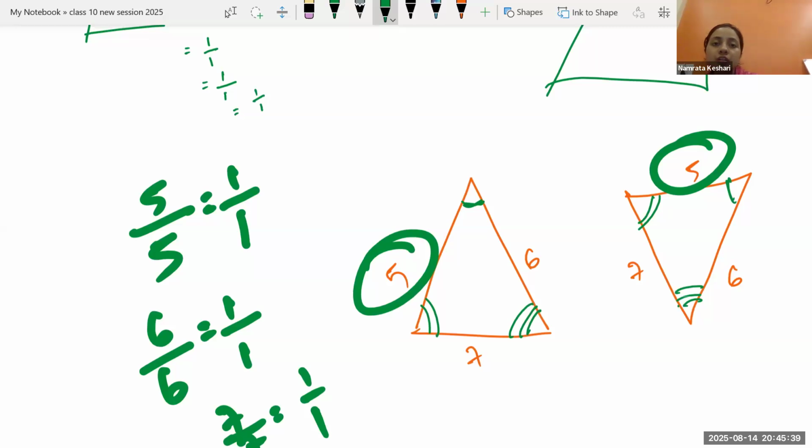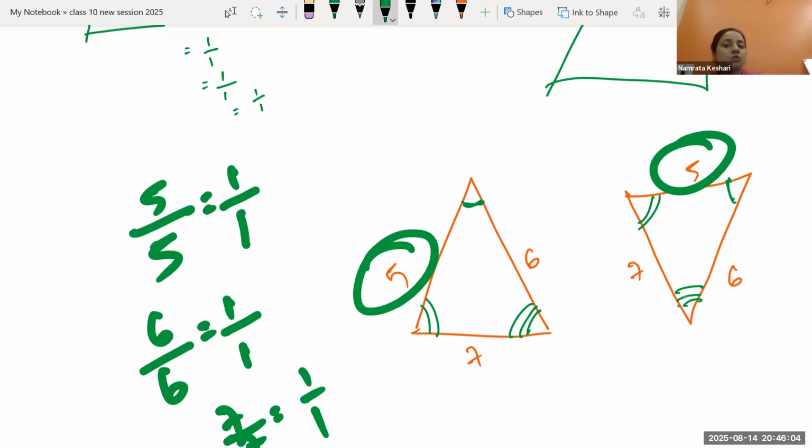These two figures are congruent figures. Why? Because one of the sides here and there are matching, the second side is matching, the third side is matching. The angle here and there are matching, the second angle matching, the third angle matching. Can you see these two figures are congruent? Yes, ma'am. But here we are saying that these two are similar also.